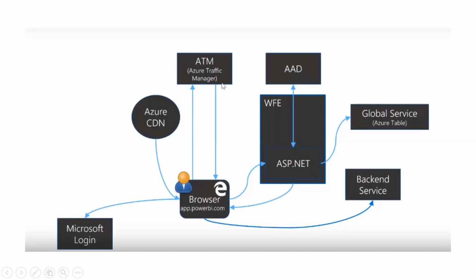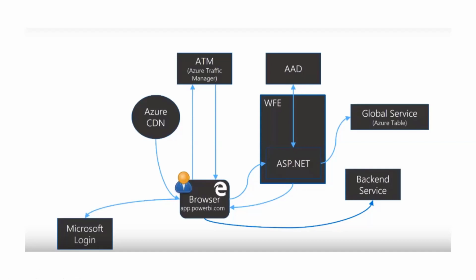At this point there is no authentication. Power BI doesn't know which user has logged in. It has just identified the location, and once that is identified, the Microsoft login page appears. That login is based on Azure Active Directory services.